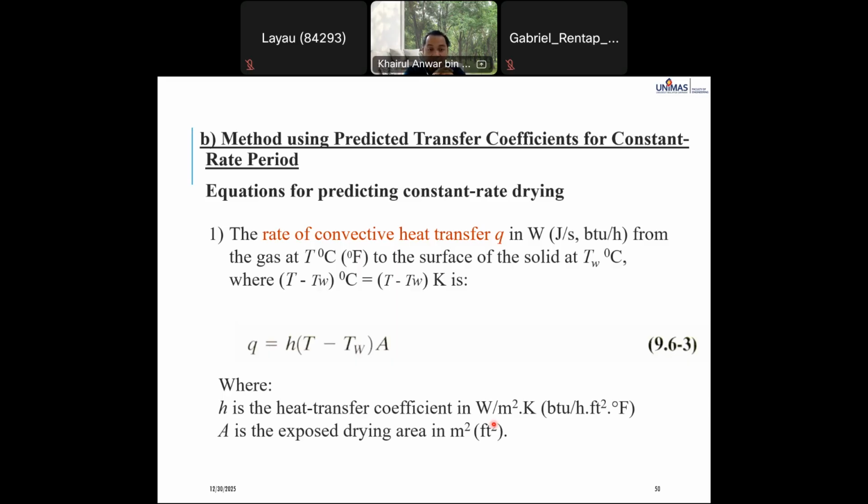So Q equal to h times T minus Tw times A. A is the exposed drying area. h is the heat transfer coefficient in watt per meter square Kelvin.